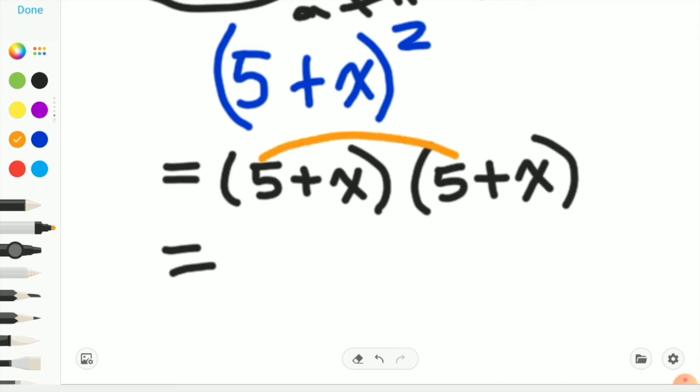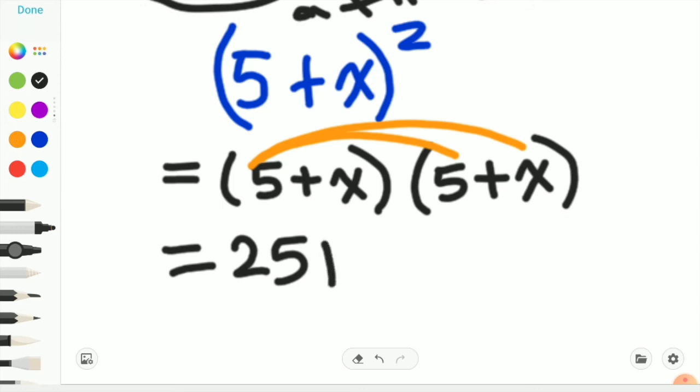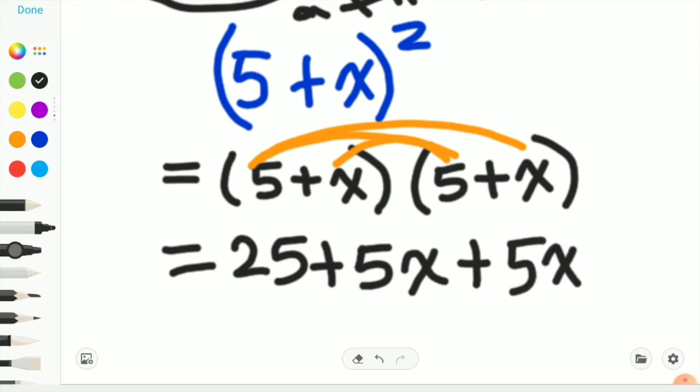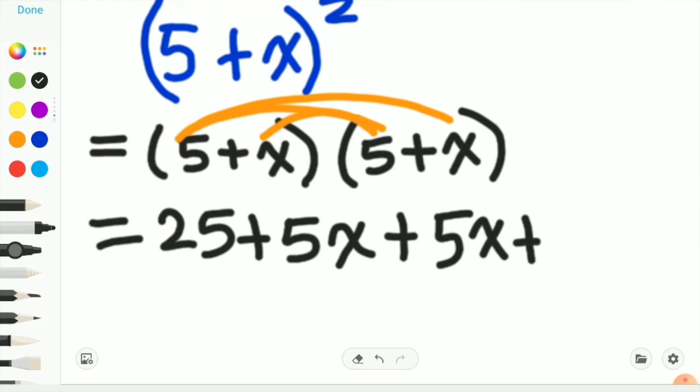So first, 25, outer, so 5x, inner, again 5x, and then last, so x squared.